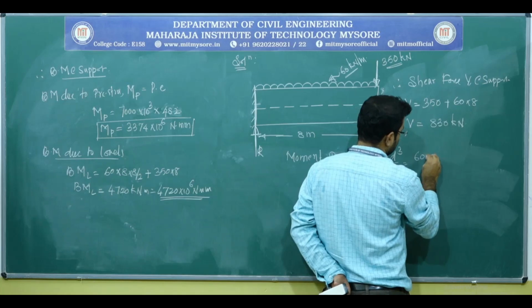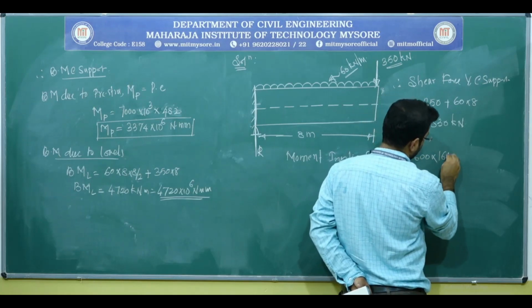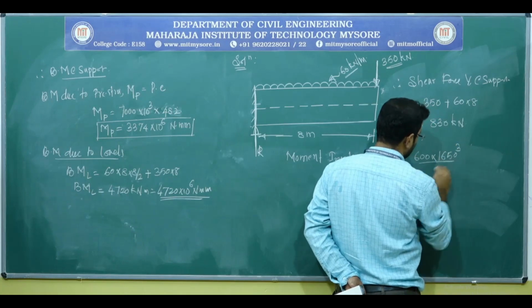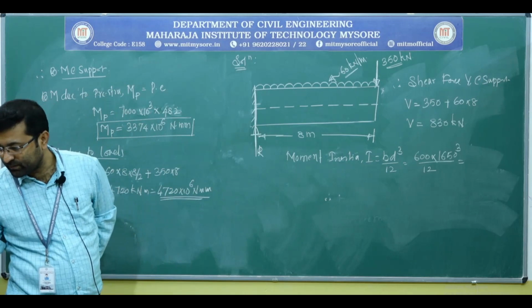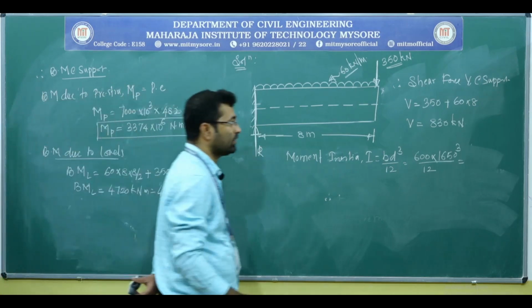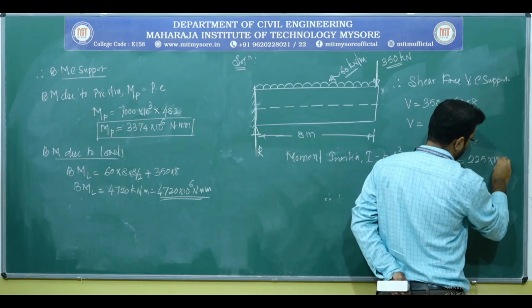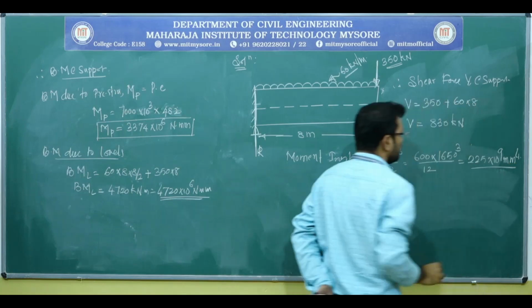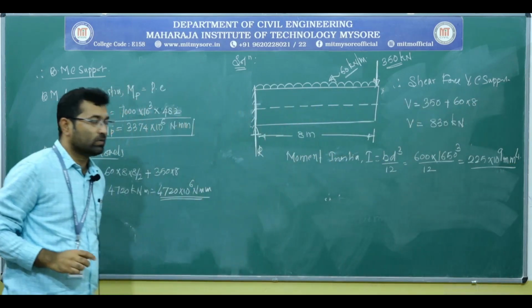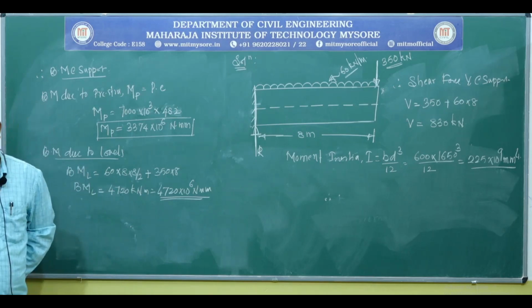So breadth is 600 into depth 1650 cube divided by 12, which yields about 225 into 10 to the power 9 millimeter raised to 4. Using all those things, let us calculate the resultant stresses.